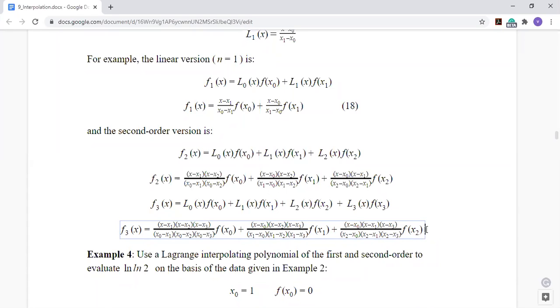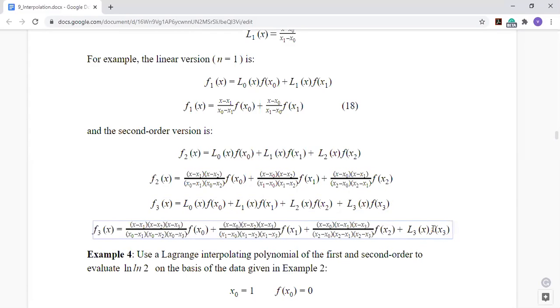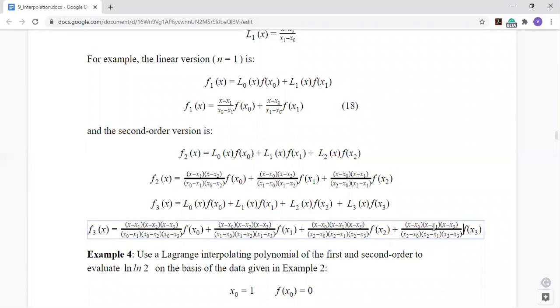Then there should be a last term, because for a third order polynomial, you have 4 values. For second order polynomial, you have 3 values. So there's going to be a last value here. Then in place of x, in place of this, you put in this.